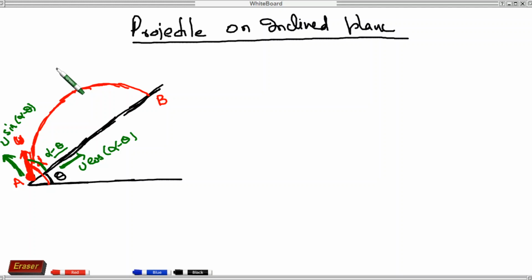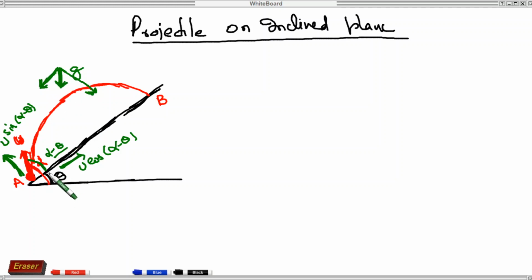Now g will be acting normally this way, but on this inclined plane we will be breaking it into two components. There will be one component this one, and one component this one.